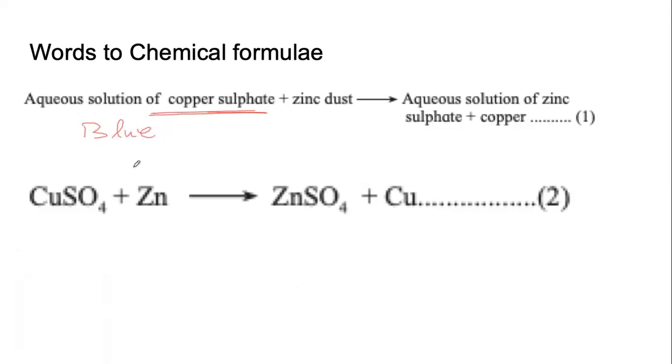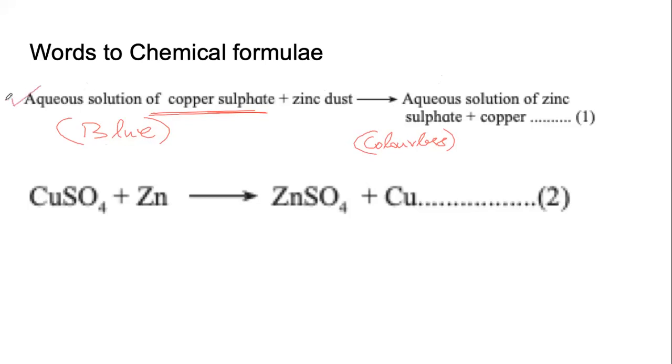So copper sulfate solution will be blue, and when we add zinc to it, a new solution will be formed which will be colorless. From that, we will be sure that this is not a physical change, this is a chemical change. And this copper will be formed.